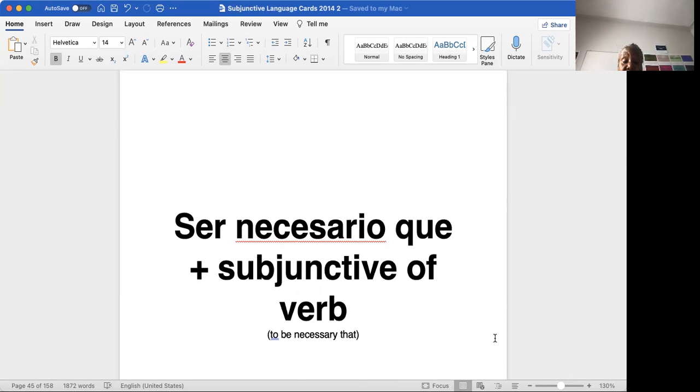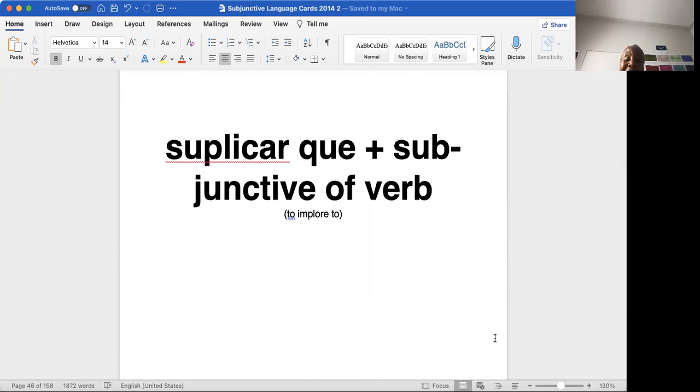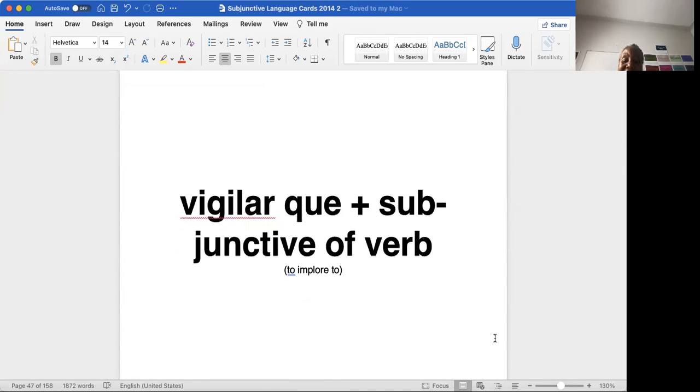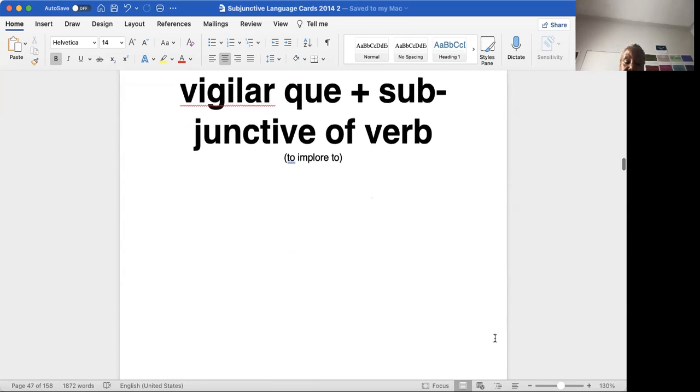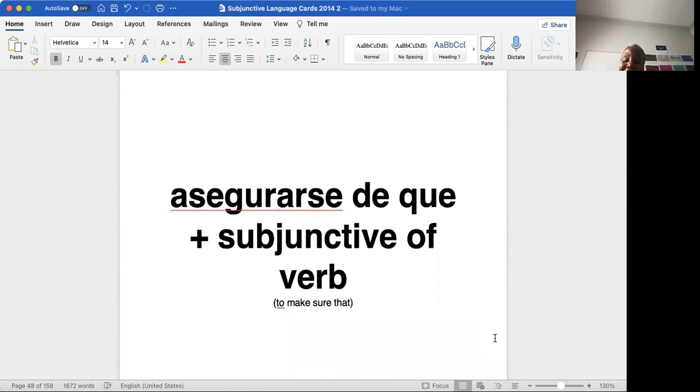Ser necesario que, plus the subjunctive of the verb, to be necessary that. Suplicar que, to implore, but to really, you know, almost beg. Vigilar que, plus the subjunctive of the verb. Asegurarse de que, plus the subjunctive of the verb, to make sure that.